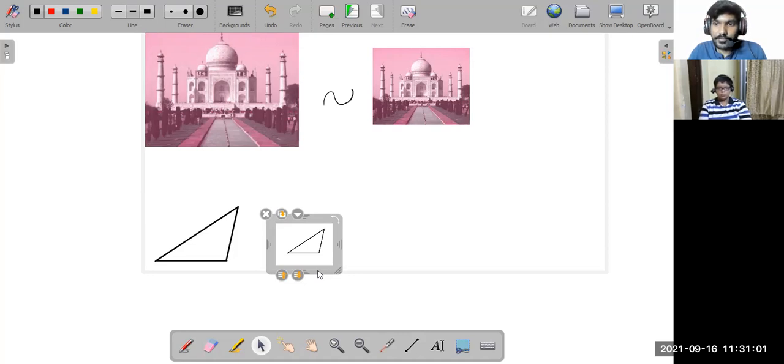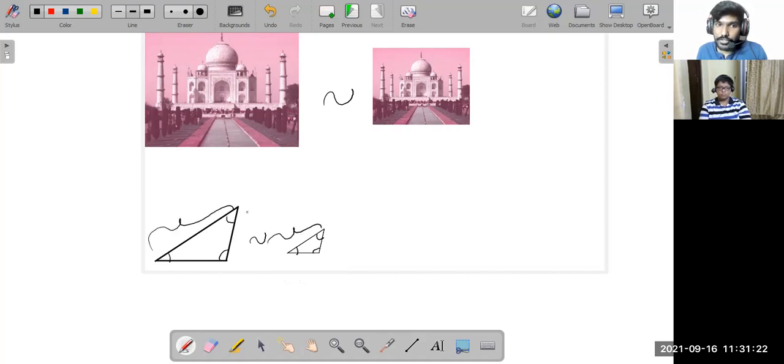Are you understanding? Angles will be equal, but sides will not be equal. If these two triangles are similar to each other, this angle and this angle will be equal. This angle and this angle will be equal. This angle and this angle will be equal. But the sides will not be equal to each other.